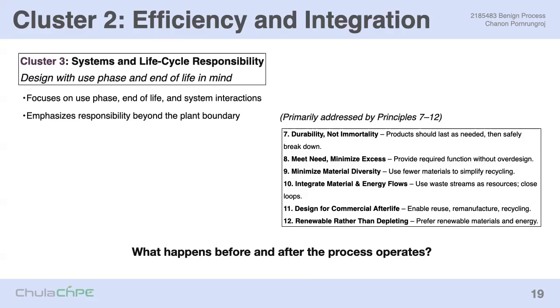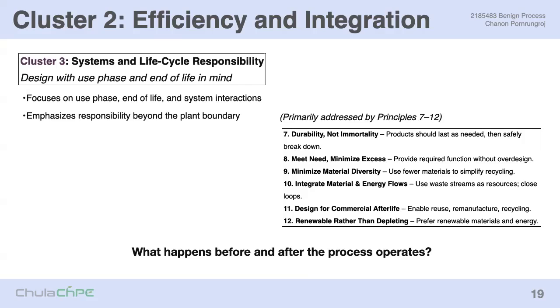So back then, we engineers liked to make very durable products without thinking so much about the needs, or whether there would be any consequences after its lifetime, its end of life usage. So yeah, that's concept 7.